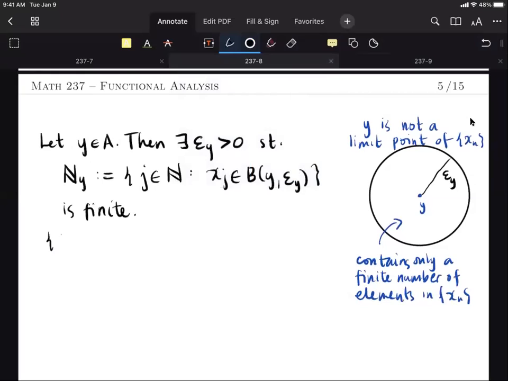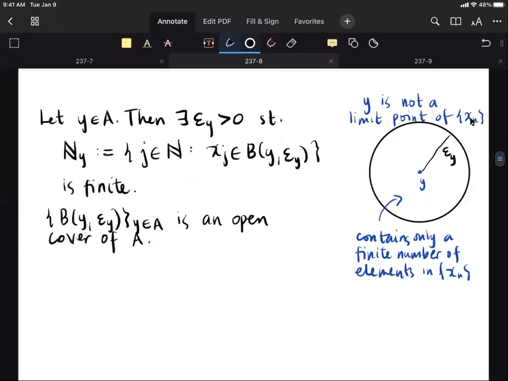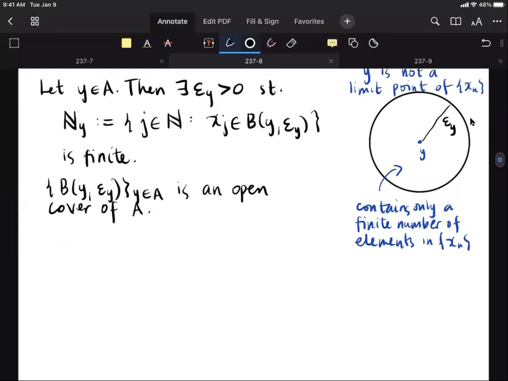So we collect these balls, okay. We know that this is an open cover of A, since the center is contained in A. By compactness of A, we can reduce this to a finite subcover.